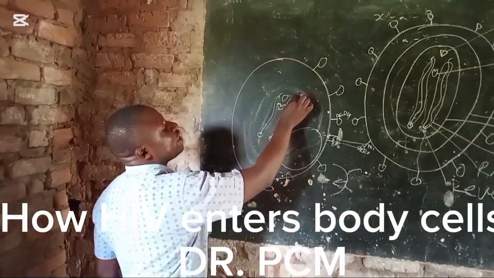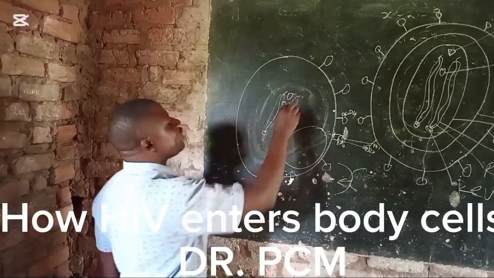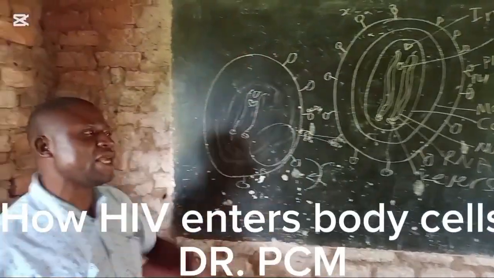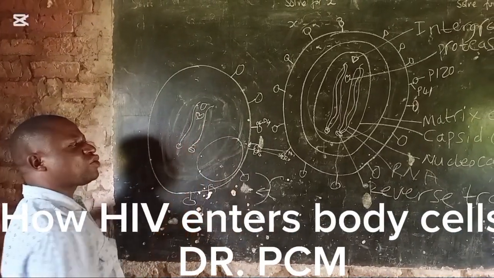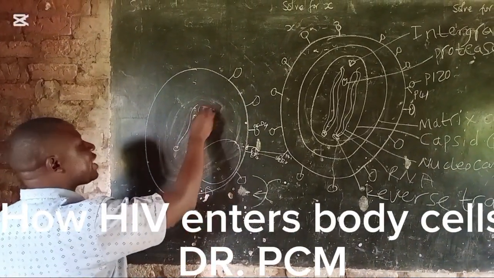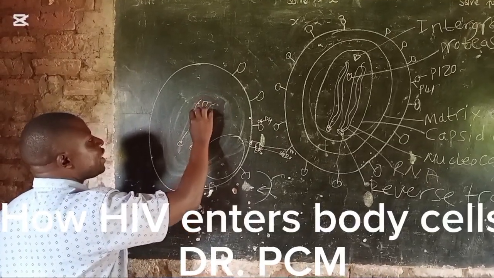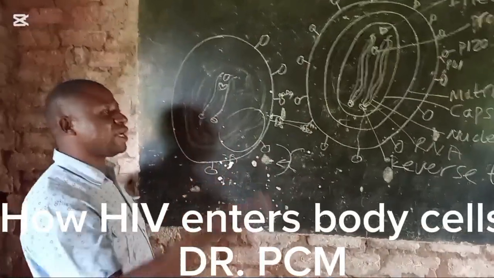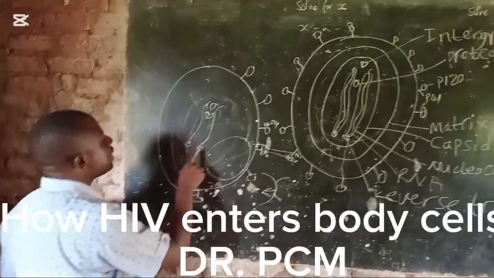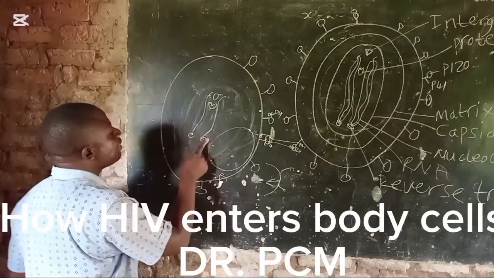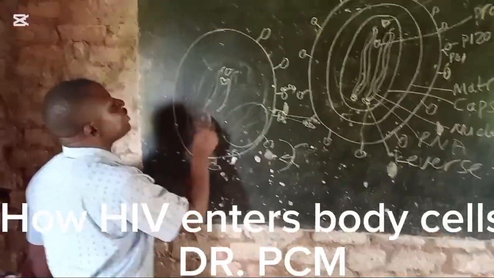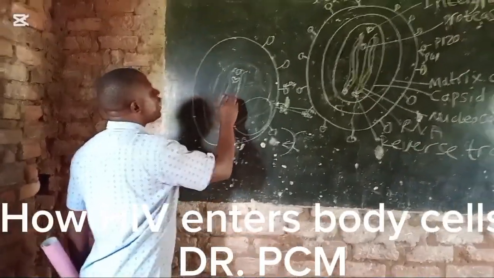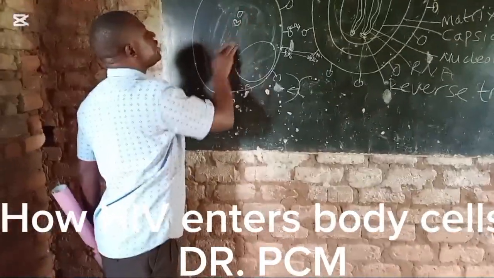So now, the reverse transcriptase starts to move along the RNA, and once it moves along the RNA, it changes it from the RNA state to a DNA state, and we now have a DNA. So it again moves along that one DNA and makes it two DNA.